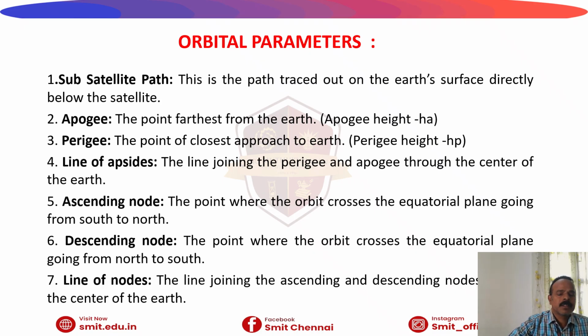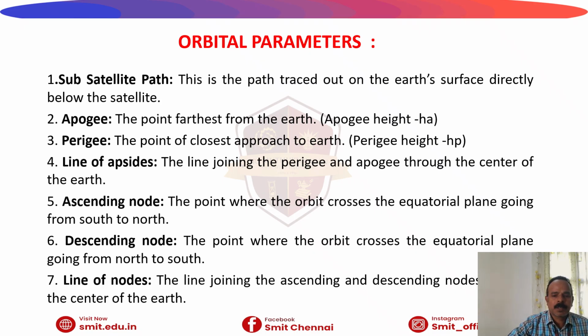Then the other important parameter is the line of apsides, which is nothing but the line that is drawn between the apogee and perigee via the center of Earth. These are all prime factors that need to be taken into consideration before launching the satellite. The next one is the ascending node.